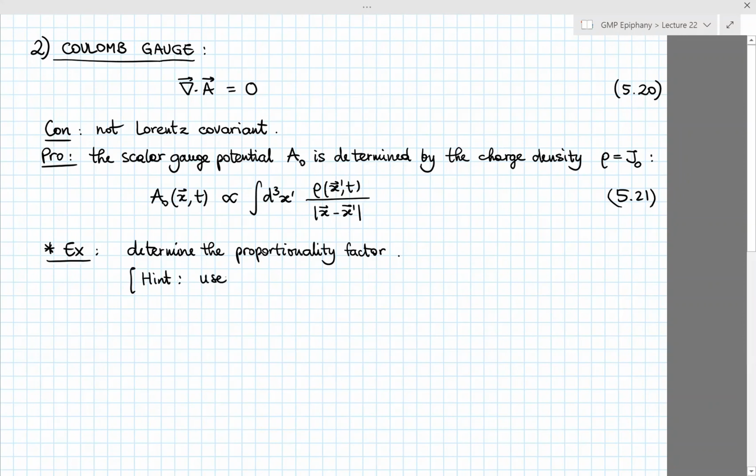Anyway, the hint is to use the fact that 1 over x is a Green function for the Laplacian, which means that the Laplacian of 1 over x is minus 4 pi times a delta function in three-dimensional space.